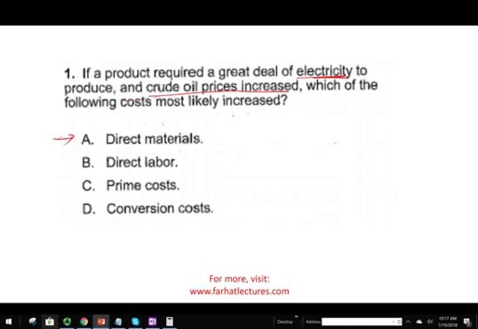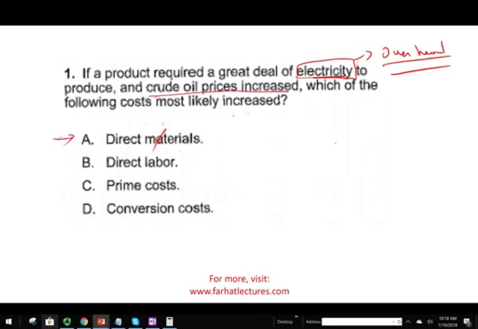Direct material is material that can be easily traced to the product. Is electricity direct material? Hopefully we know that electricity is not. Electricity is considered overhead because we cannot really directly trace the electricity to a specific product. So direct material is out.